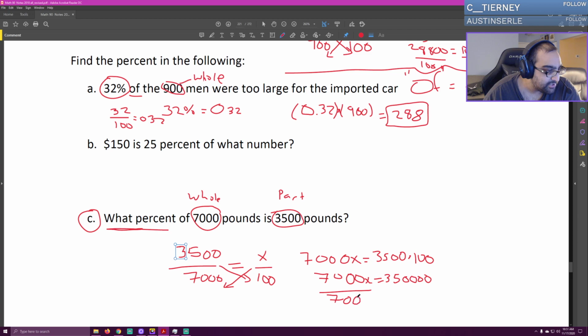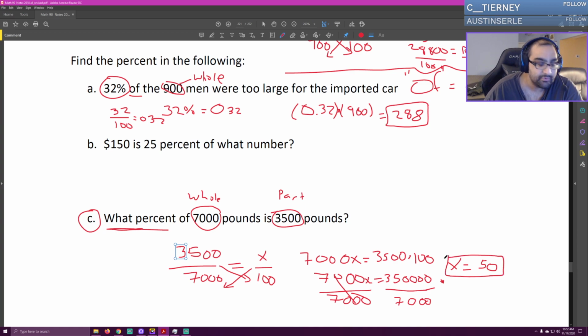You go ahead and divide by 7,000 on both sides. I apologize for rushing through this, but I'm just kind of out of time. And then what we get is x equals 350,000 divided by 7,000. That is going to be 50. So 50% is indeed the correct answer.